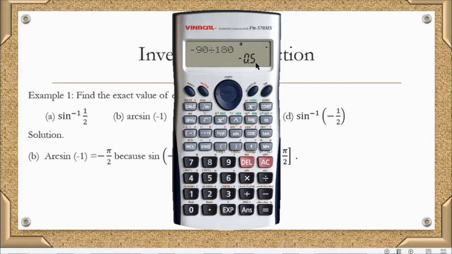Then, combine mo na lang with the value of pi. Kaya, dagdagan mo na lang siya ng pi. So, negative 0.5 pi or negative 1 half pi. Okay? So, yun yung isang paraan using scientific calculator.